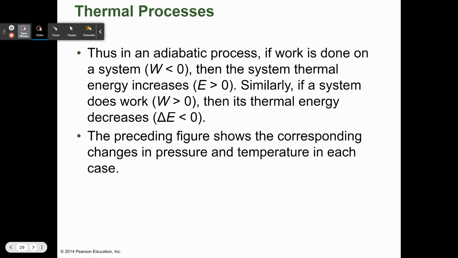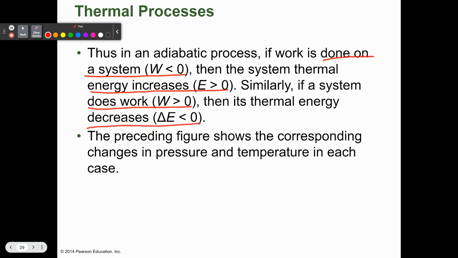So in an adiabatic process, if work is done on the system, now you've got to pay attention to your wording in these questions. Work is done on the system, then W is less than 0. Then the system's thermal energy increases, so delta E will be greater than 0. Similarly, if a system does work, then work is greater than 0, so its thermal energy actually decreases.